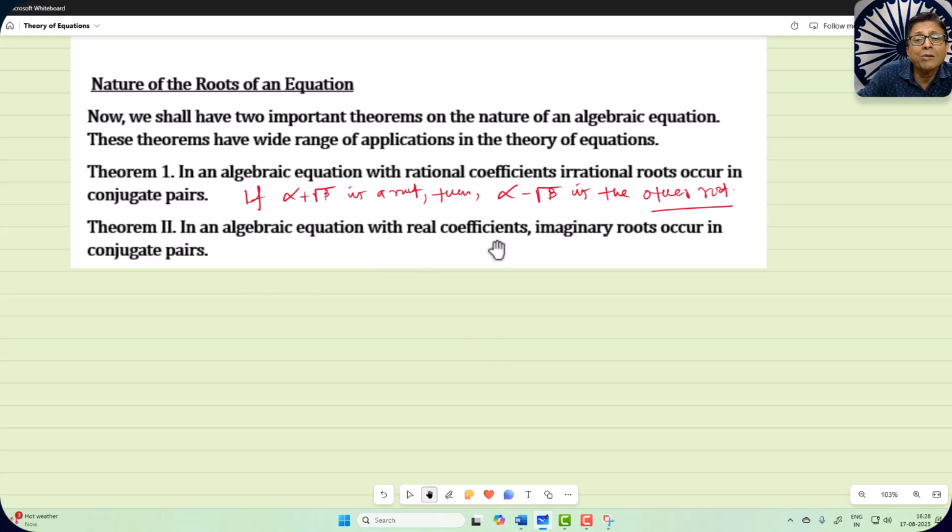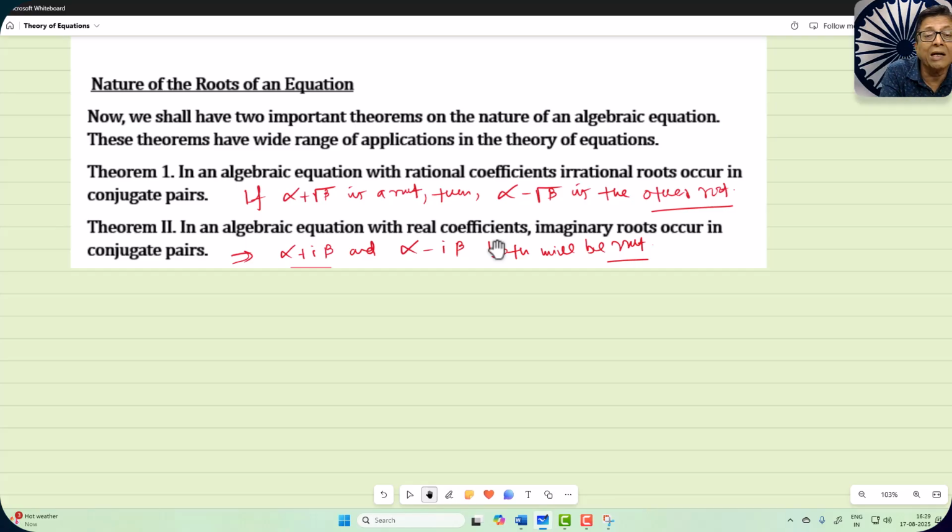In an algebraic equation with real coefficients, imaginary roots occur in conjugate pairs. So what does this imply? α + iβ and α − iβ both will be roots. Here we are taking real coefficients, take care.